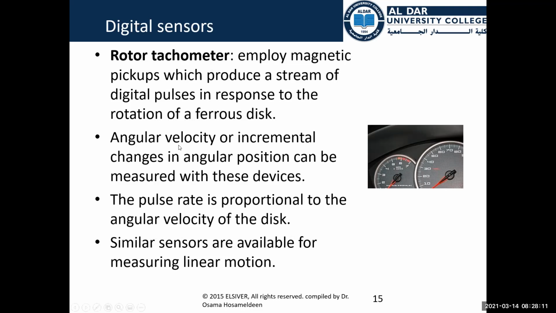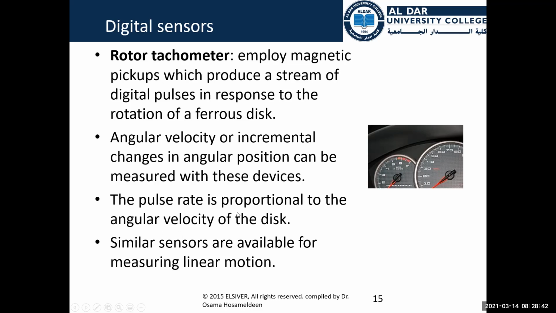Also, the angular velocity or incremental changes in angular position can be measured with these devices. It can be used for many applications, like angular velocity or acceleration. These kinds of parameters can be measured by the rotor tachometer.